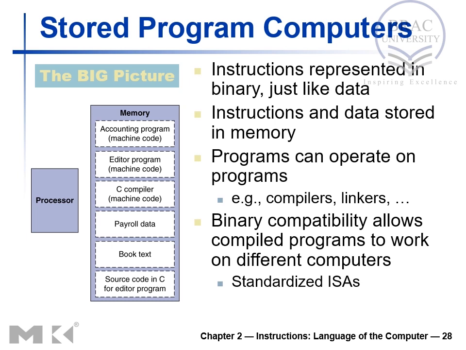In this kind of computers or architectures, if we look at the big picture, this is our memory, and in this memory we have everything. We have machine code for the accounting program or any other program, machine code for the editor program, machine code for the C compiler, payroll data, good text, and this is C source code.